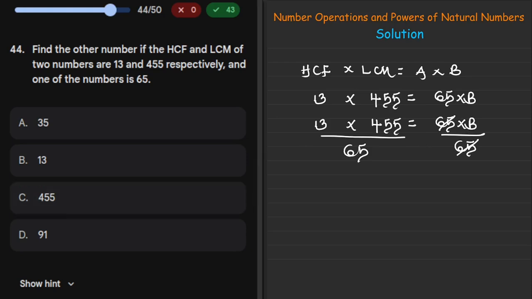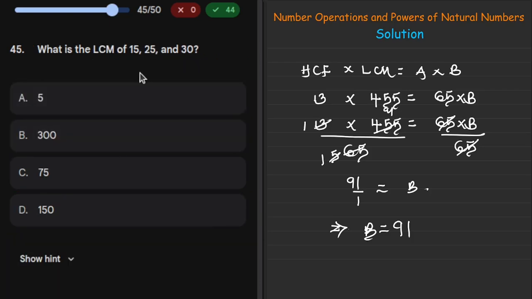Then with that, we can say 13 divides itself once and it divides 65 5 times. 5 divides itself once and then divides 455 how many times? 91. So it simply means we have 91 times 1, which gives us 91, then all over 1, and that gives us our b. So it simply implies that our b is equal to what? 91, and that is all. So that is D.